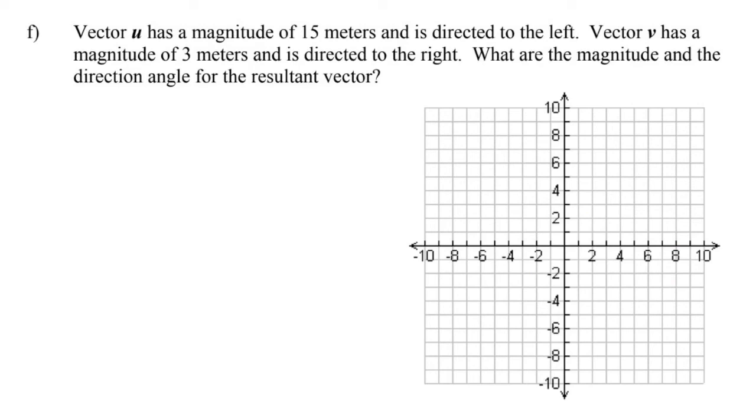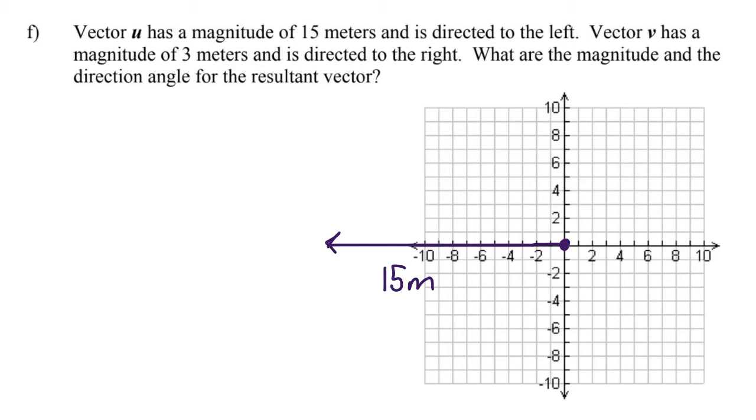For the next problem, this one might be a little bit different, so we need to be careful here. We have a vector u that has a magnitude of 15 meters and is directed to the left. So we're going to go way out here, 15 meters. Then I have a vector v that has a magnitude of 3 meters and is directed to the right.